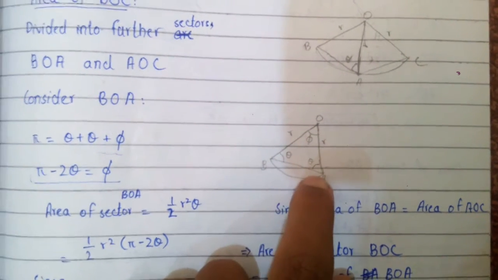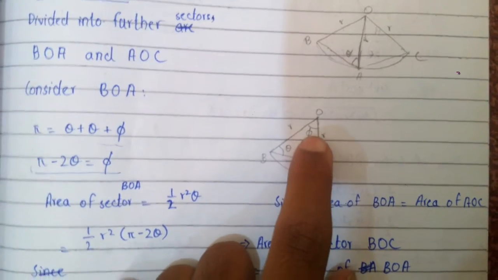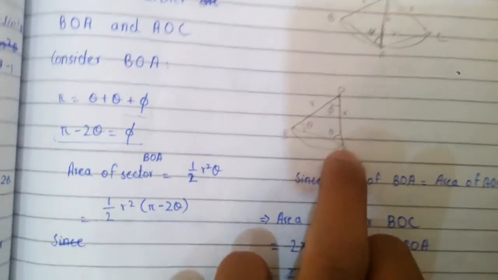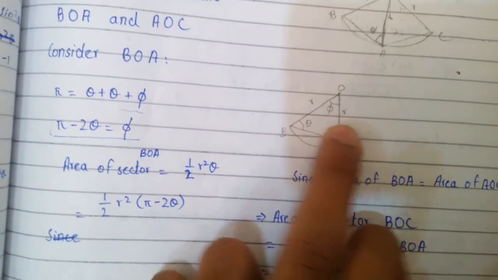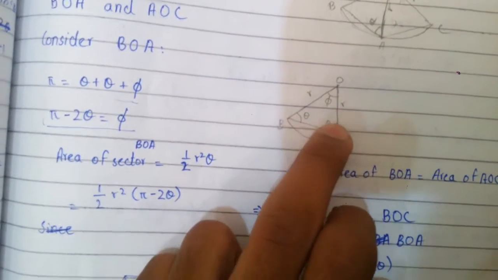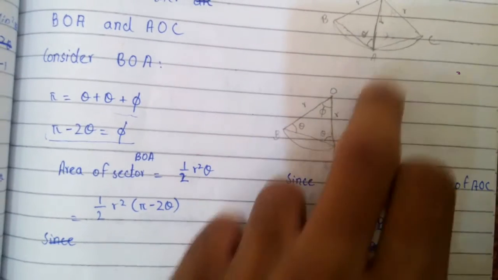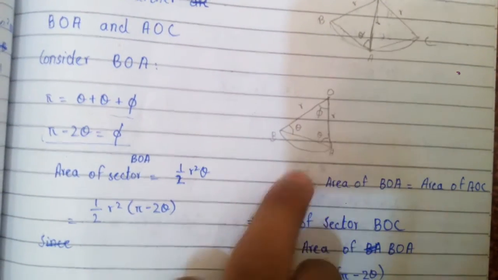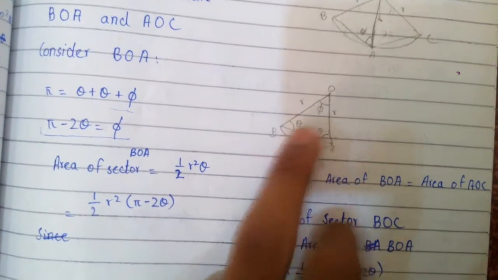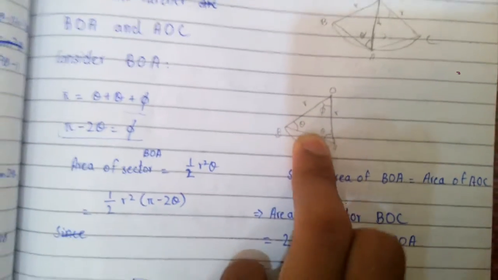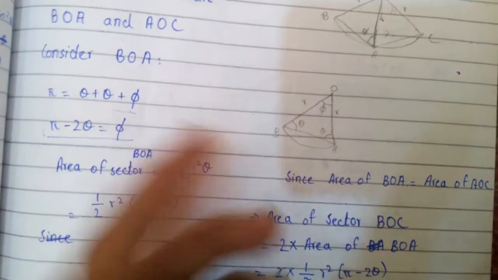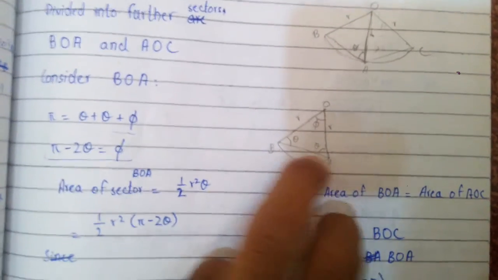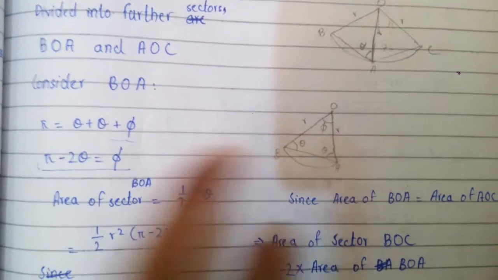In order to find phi, first you have to know that we are dealing with an isosceles triangle, because these two sides are the same, so the angle over here will be equal to the angle over there. Next, we know the sum of all these angles is equal to 180, but because we are dealing with radians here, it is equal to pi.